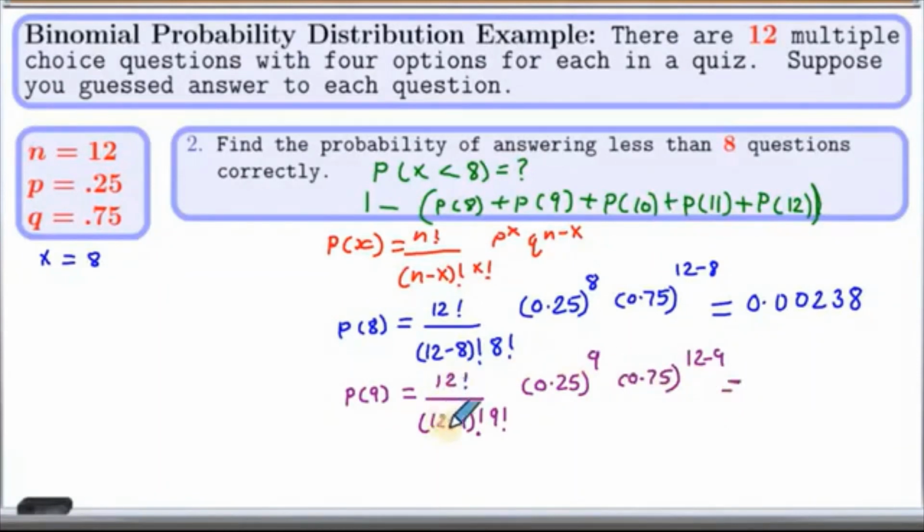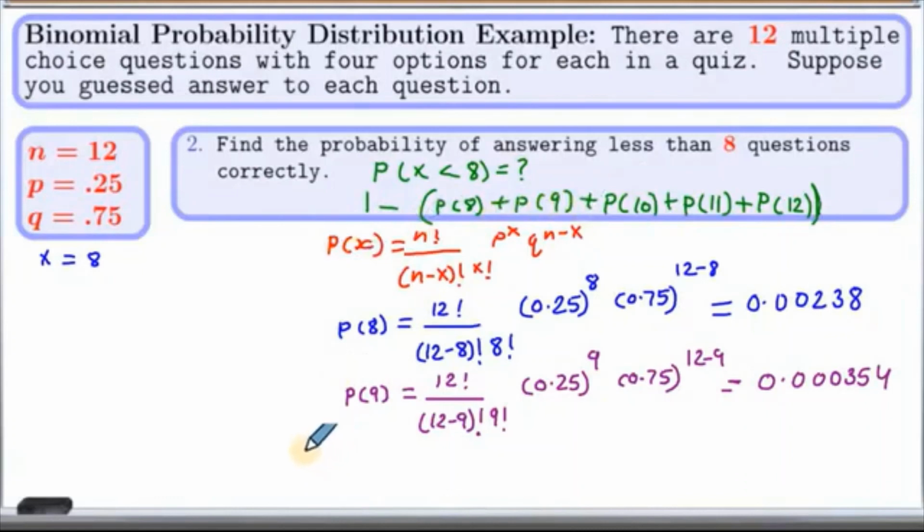Now you can put this number into your calculator, and doing that I get 0.000354.